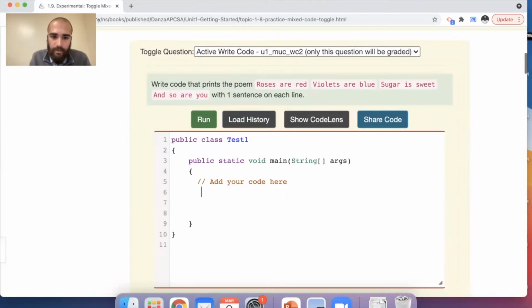Looks like a lot of these are similar. Okay, it says write code that prints the poem roses are red, violets are blue, sugar sweet, and so are you, with one sentence on each line. Got it. System.out.println, semicolon, and we'll say roses are red.